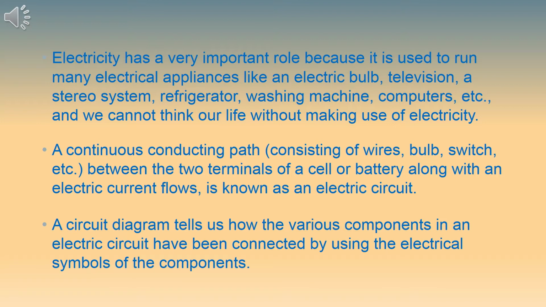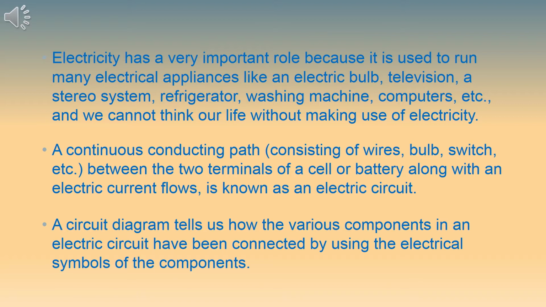A continuous conducting path that consists of wires, bulbs, switch, etc., between the two terminals of a cell or battery, along which an electric current flows, is known as an electric circuit, through which the electricity passes. This electric circuit can be drawn as a circuit diagram.